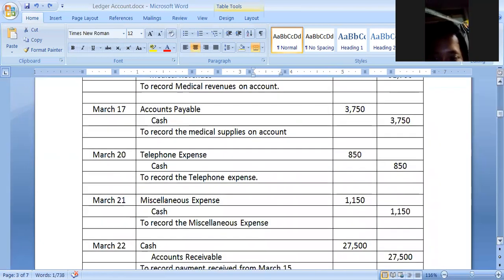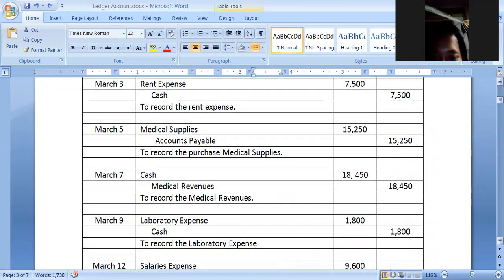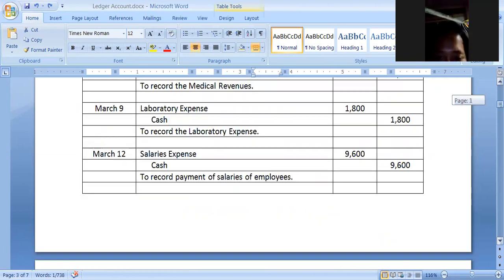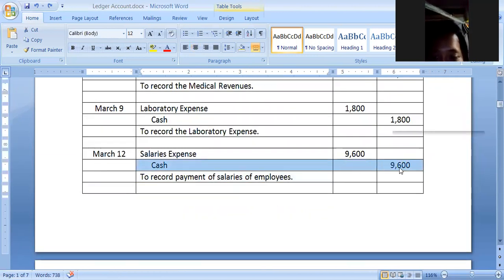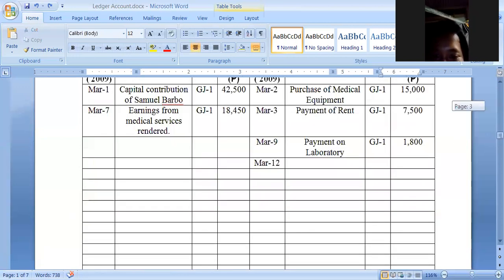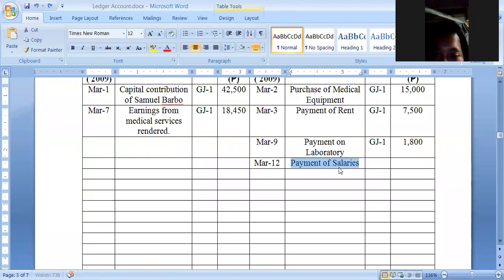March 12. Let's go back to journal entry. Our cash here is debited, oh, credited I mean, which is 9,600. Payment of salaries. General journal, page 1. 9,600 is credited.